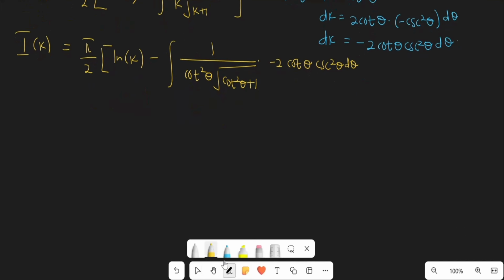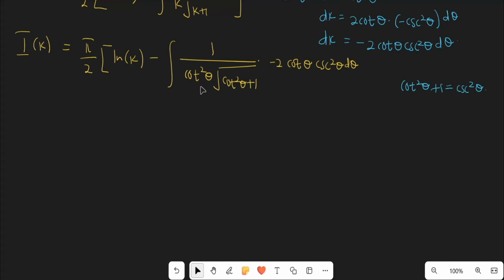Alright, so we know that this one, cotangent square of theta plus 1, is the same as the cosecant square of theta. So I can just replace this one with the cosecant square of theta, right?